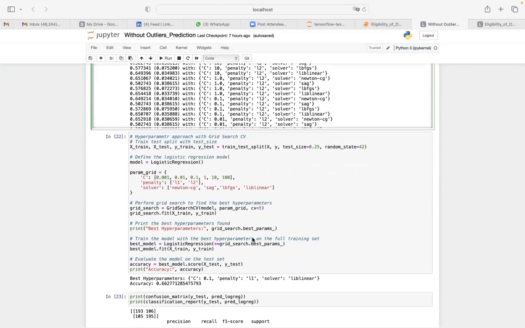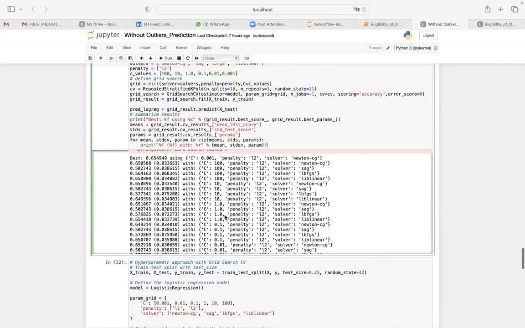Okay. There's another way to do it. If you don't want to see what is happening in the black box technique altogether, here we can see a separate set of code where we can get the summarized result, considering all the factors like mean test score, standard test score, and parameters all together, and then find out the best features.